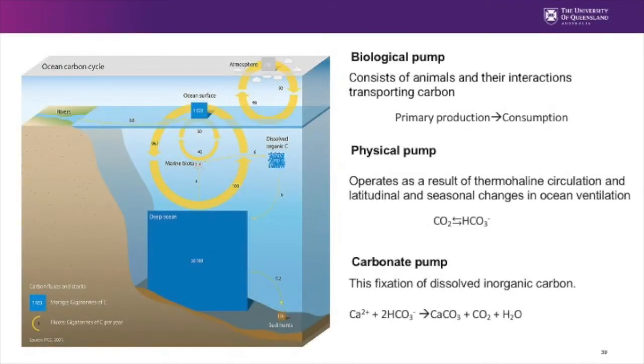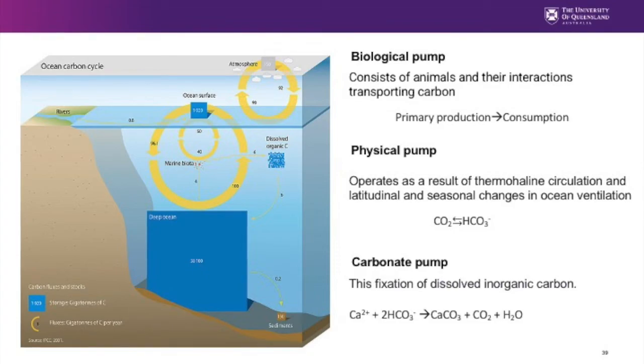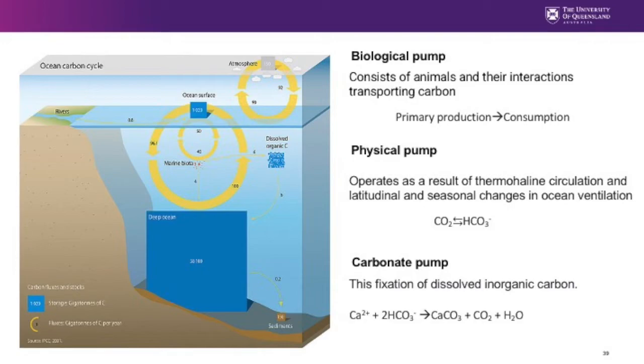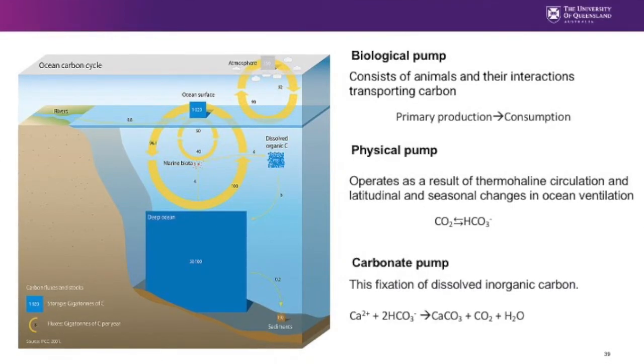So from the carbon cycle, we can also distinguish the main drivers, which are called the pumps, and these are the ones that define the carbon compounds within the system, and also the velocity at which these cycles occur.